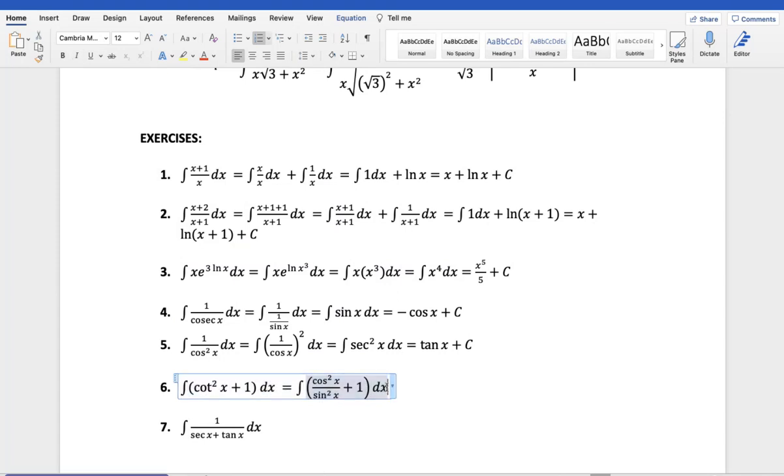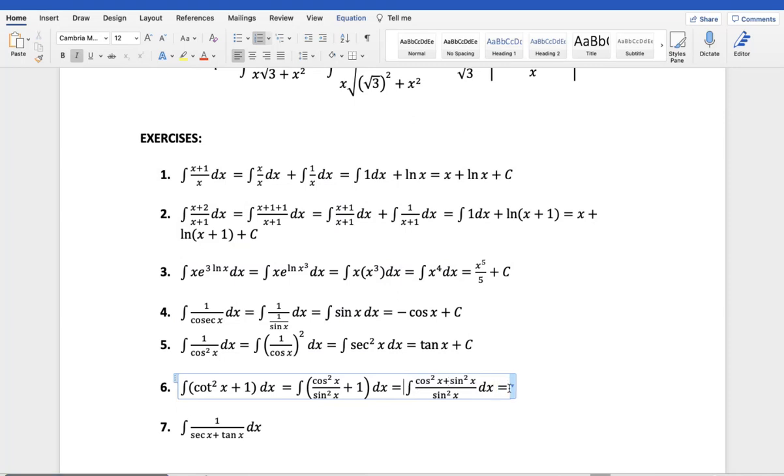And if we put these two terms over the same denominator, we have the integral of cos squared of x plus sine squared of x, all divided by sine squared of x. And we remember that cos squared of x plus sine squared of x is just equal to 1.